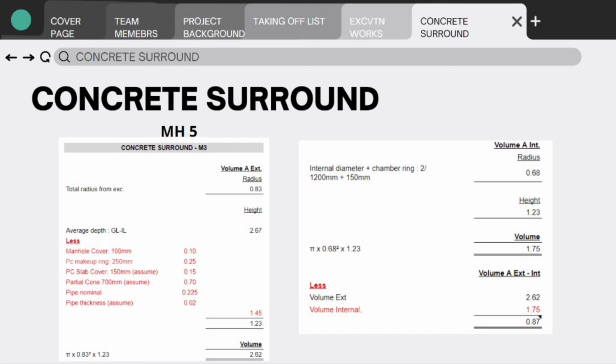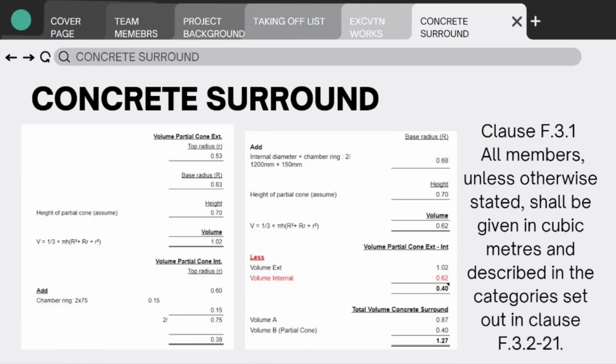Volume A external deduct volume A internal, 2.62 minus 1.75 to get 0.87. Then volume partial cone external: the top radius is 0.53 taken from the top radius length.